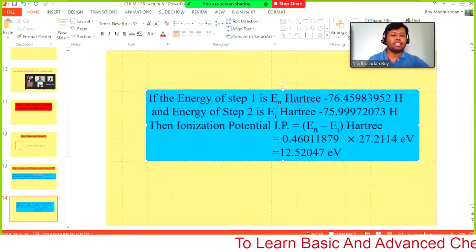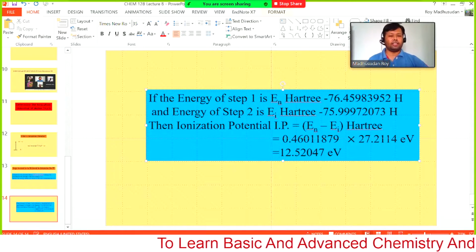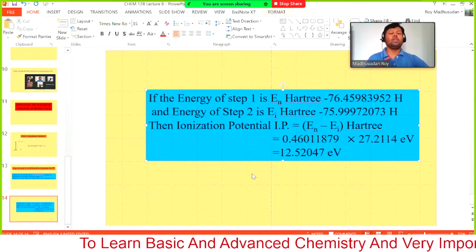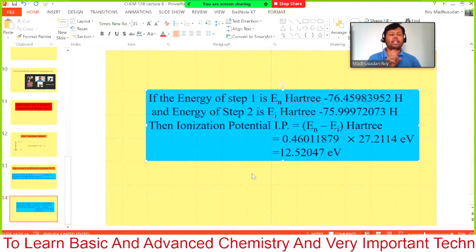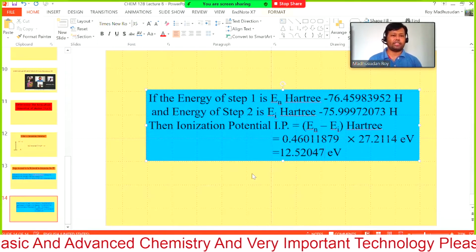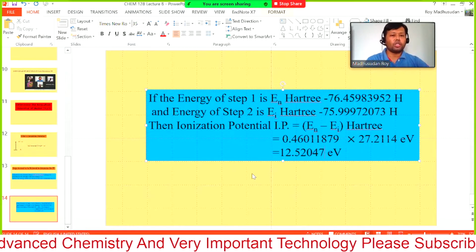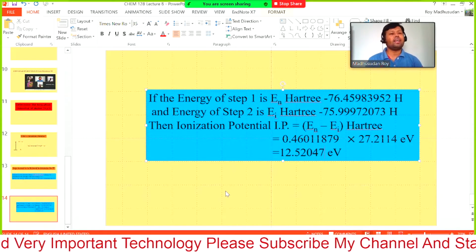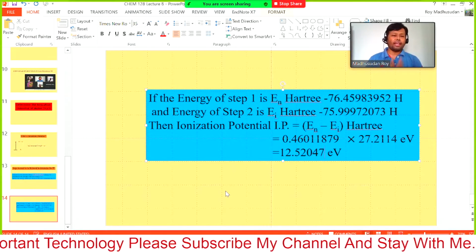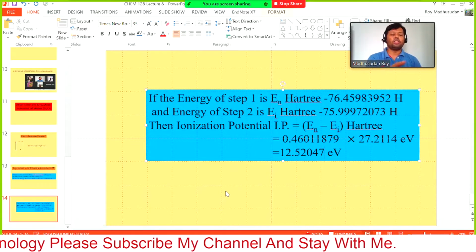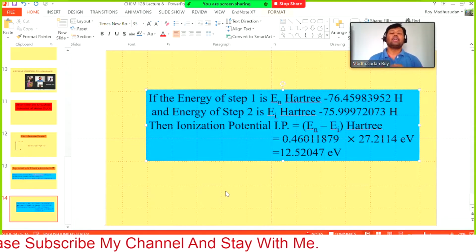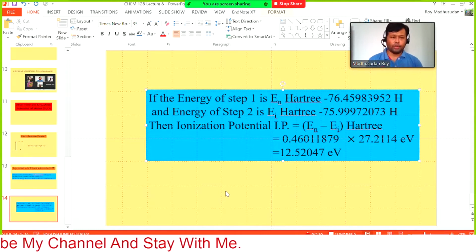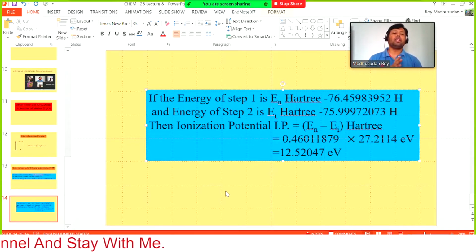However, we are getting the ionization potential of the water molecule within an error of around 1%. So you can calculate the ionization potential of any atom or molecule using the program, and it can be very accurate, within the error of the experimental value.